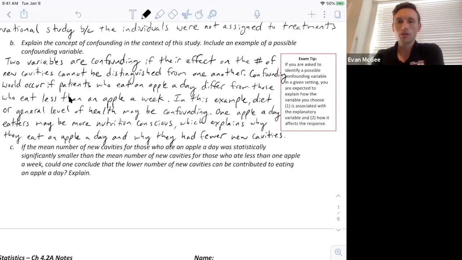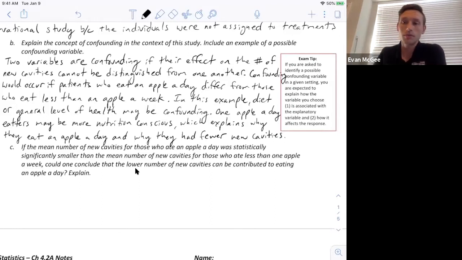So confounding would occur if patients who eat an apple a day are different from those who eat less than an apple a week. In this example, diet or general level of health could be confounding. One apple a day eaters may be more nutrition conscious, which explains why they eat an apple a day and why they had fewer new cavities.